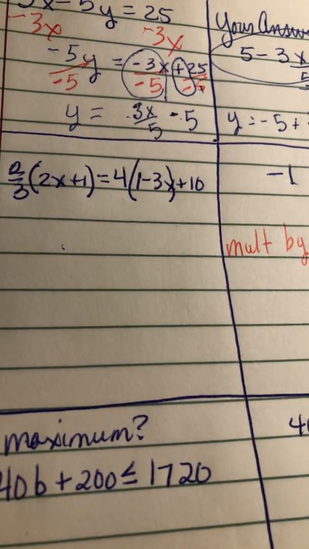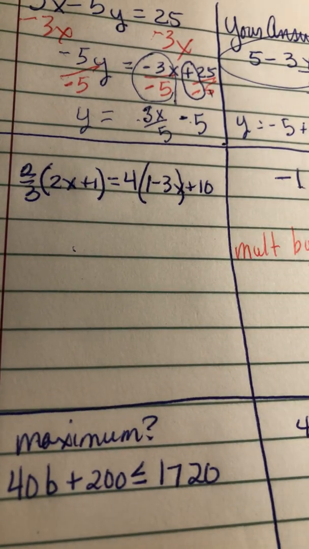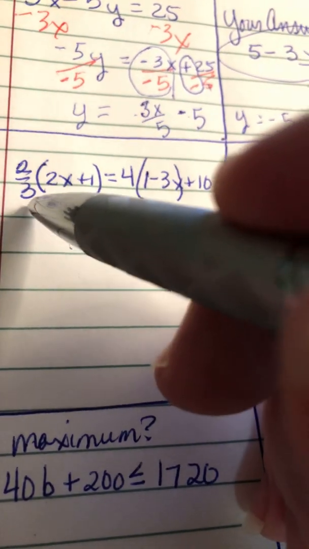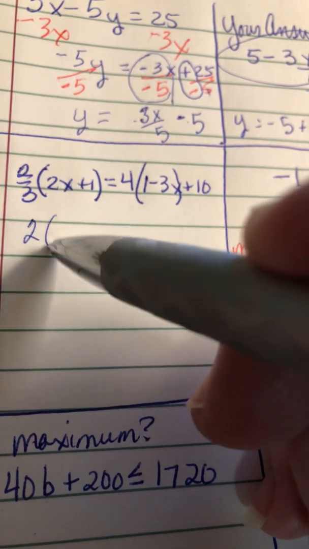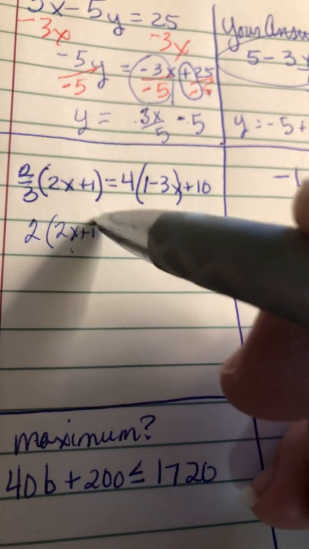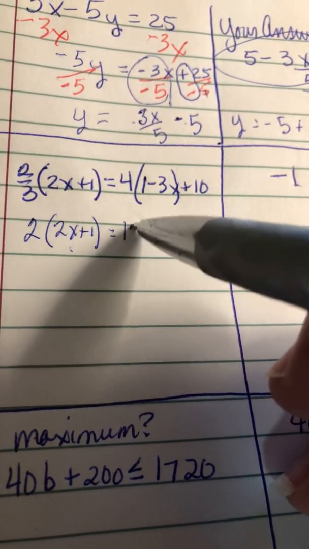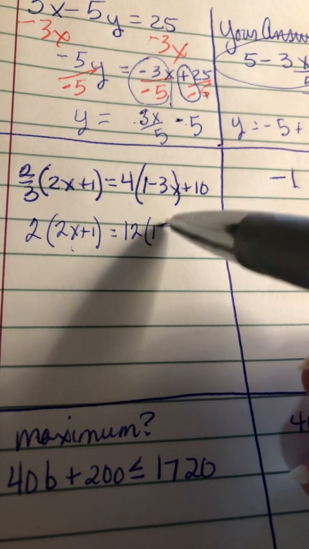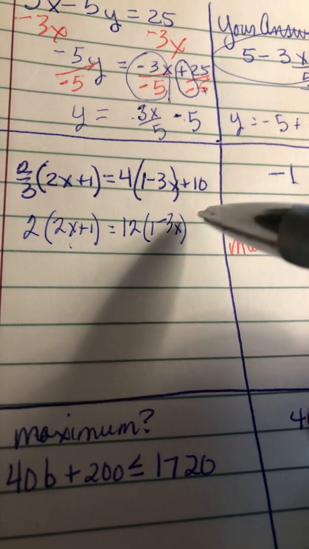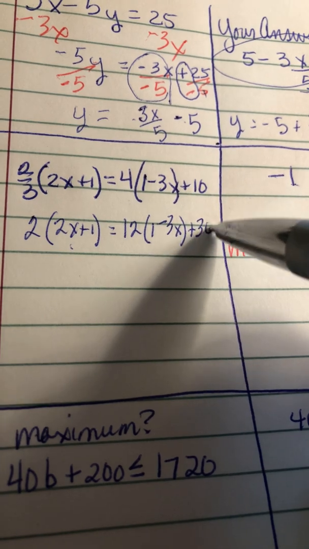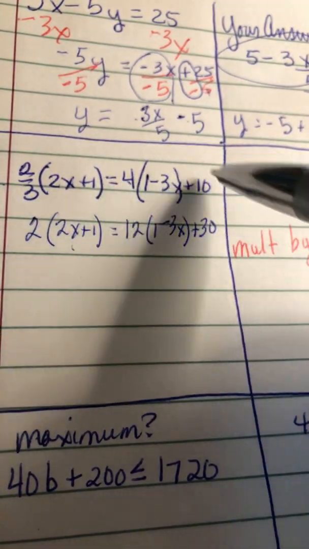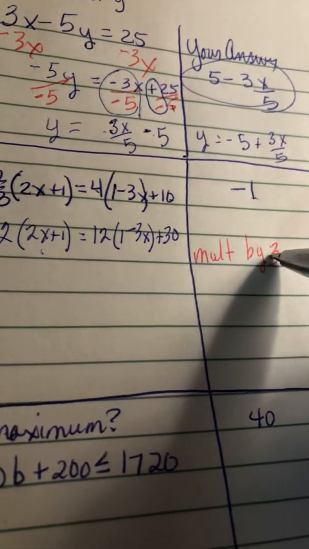And remember, you don't do what's in the parentheses, so everything except for what's in the parentheses. So then that gives us 2, and then 2x plus 1 equals 12, and 1 minus 3x, and then plus 30, because everything that's not in parentheses gets multiplied by 3.